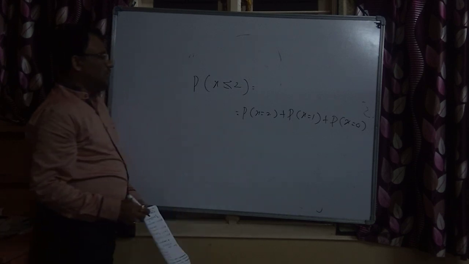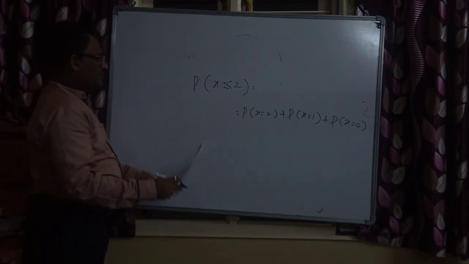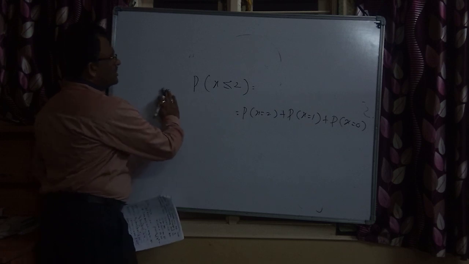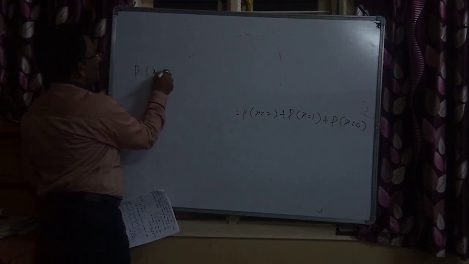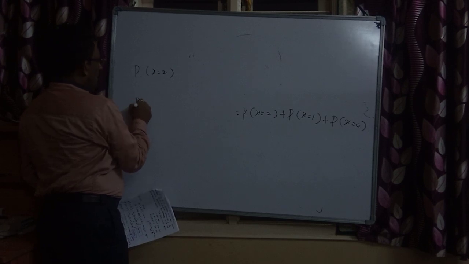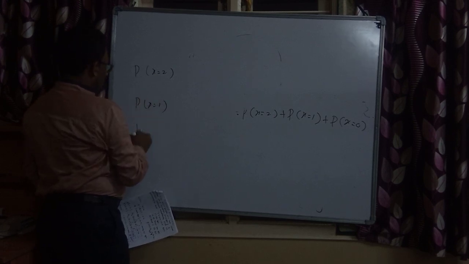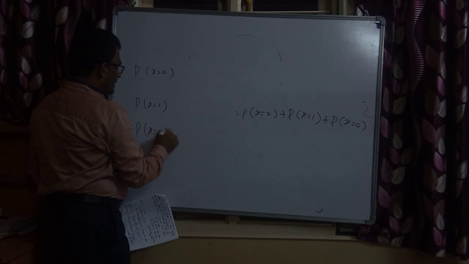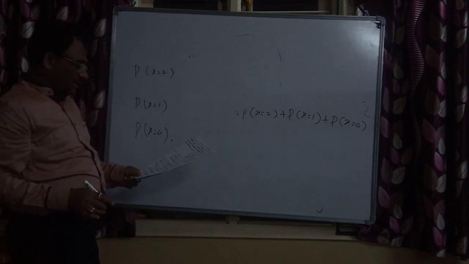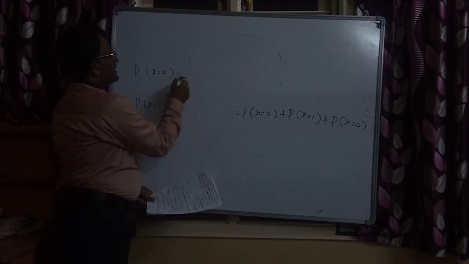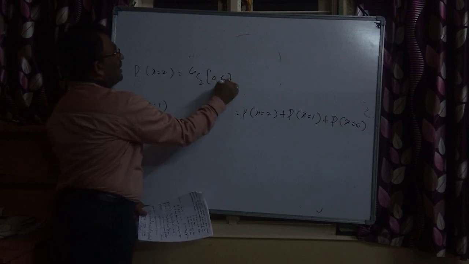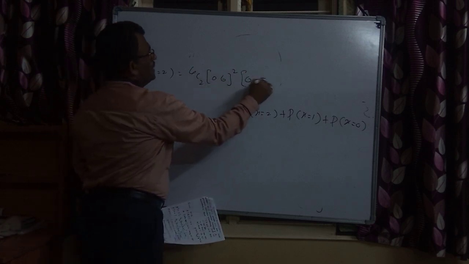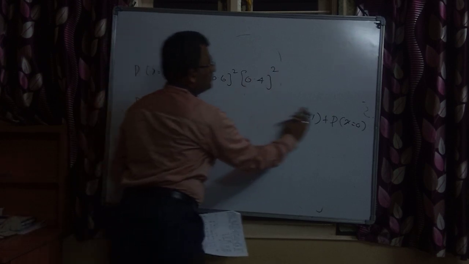Now P of x is equal to 2, I need to calculate it. The simplification is all about calculating P of x is equal to 2, P of x is equal to 1, and P of x is equal to 0. Anyway, this value is already there. For x equal to 2, this is going to be 6C2, 0.6 to the power of 2, 0.4 to the power of 2.